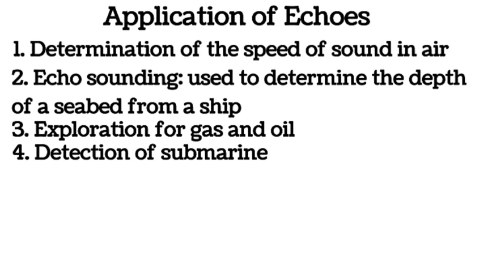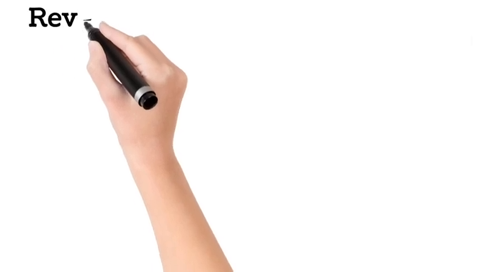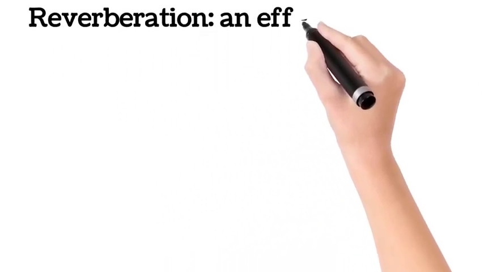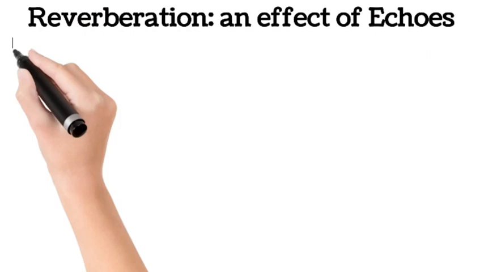So the last thing we'll be looking at in this video is the concept called reverberation. Reverberation is an effect of echoes, or should I say a negative effect of echo. Now we have 3 concepts that help us understand what reverberation is and how it can be avoided.